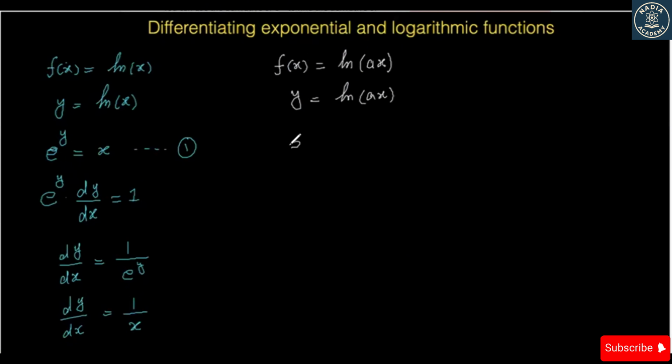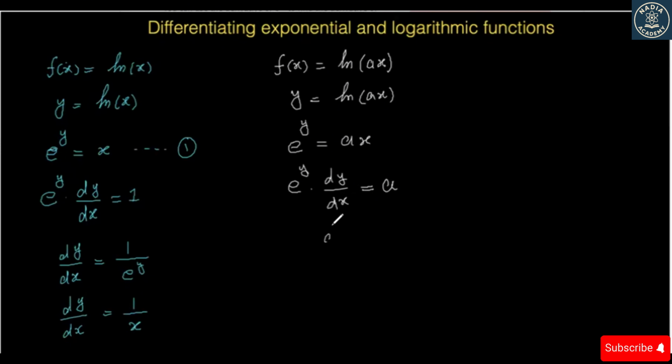Then e power y is equal to a times x. Now we differentiate it: e power y times dy over dx is equal to a. The derivative of x is 1 and a is its coefficient that will remain as it is.